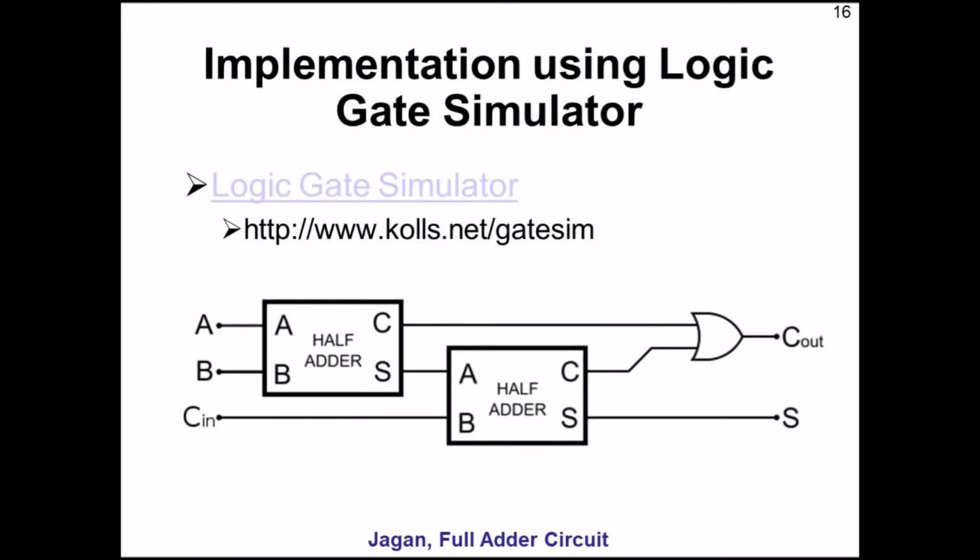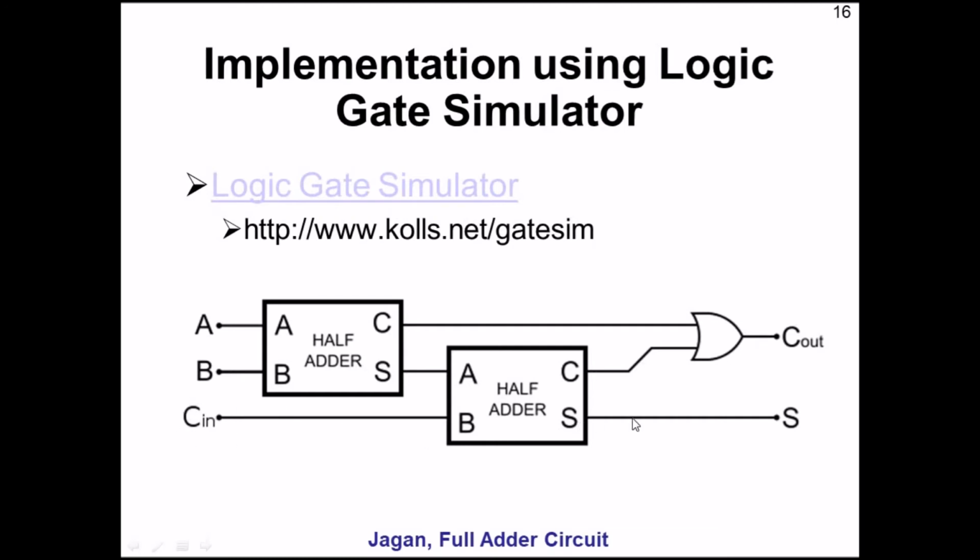Next, we are going to implement this design using a logic gate simulator. So how would the circuit be? Here I am passing the inputs A and B to the first half adder. Then I am passing the output of the first half adder as one of the inputs to the second half adder, and the third input is passed to the second half adder.